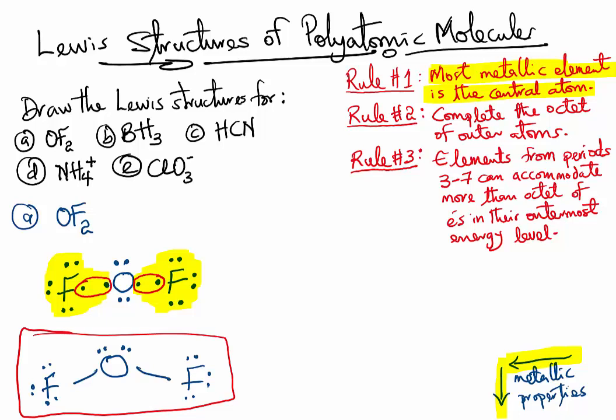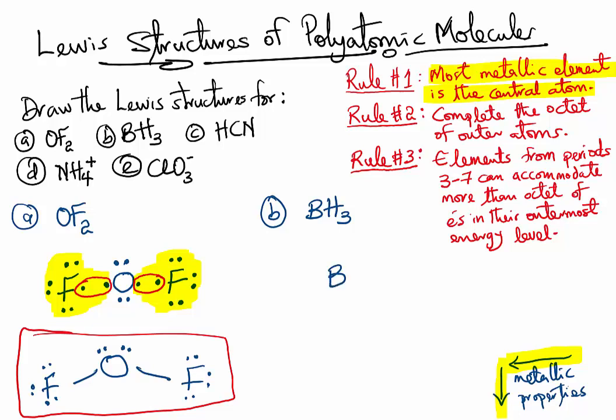Let us take a look at question B. We want to draw the Lewis structure for BH3. Again, we need to know which is the central atom. In this case, it is clear-cut. Boron is the central atom.